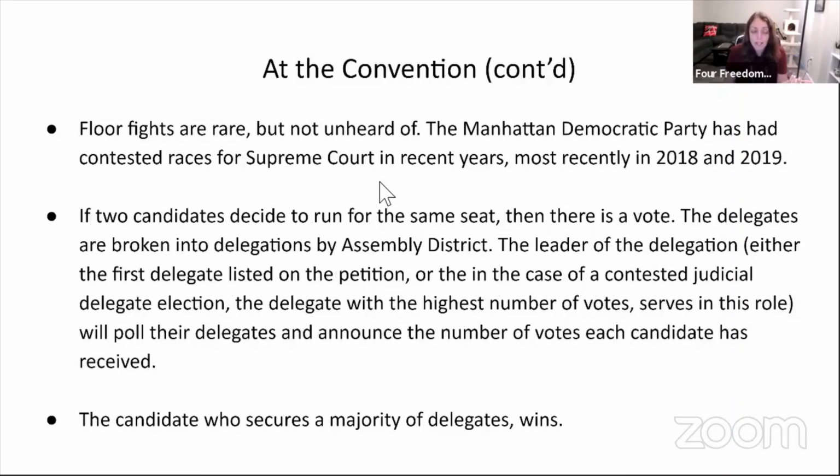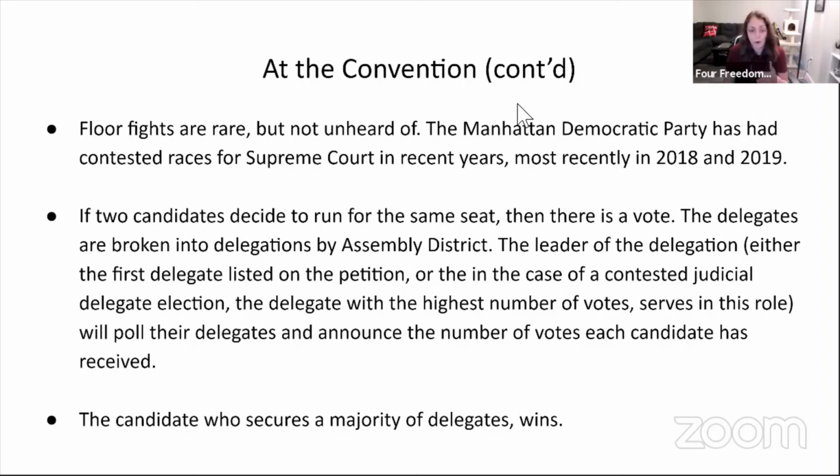Floor fights, this is when two candidates for the nomination go up against each other for the same seat. They're somewhat rare, although it actually has happened in recent years, both in 2018 and 2019. We had floor fights for Supreme Court, where you had two candidates who thought they had the votes and they both went for the same vacant seat. And when that happens, there is a vote.